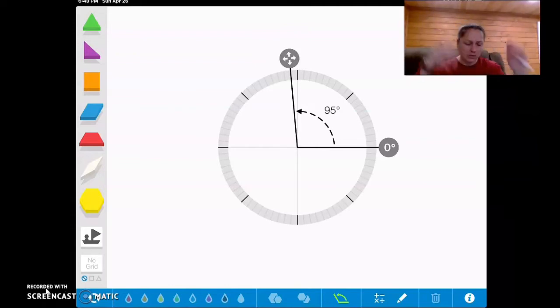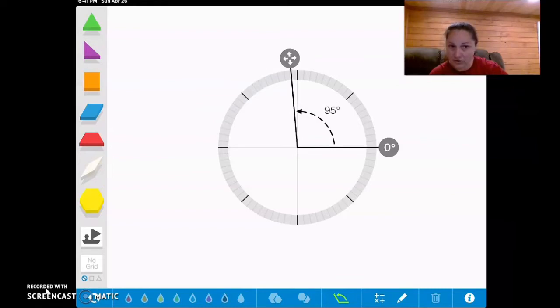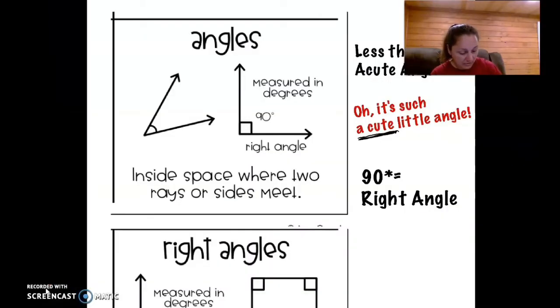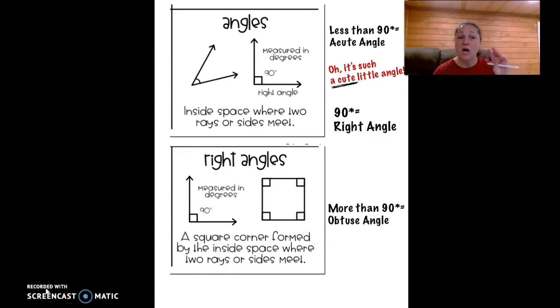Obtuse, big. Okay, an obtuse angle is any guy that goes from 180 degrees to 90 degrees. Well, 91 degrees, sorry, because it's one bigger. So looking at our angles, we have acute angles, we have obtuse angles, and we have a right angle.